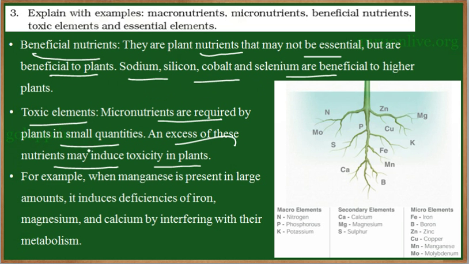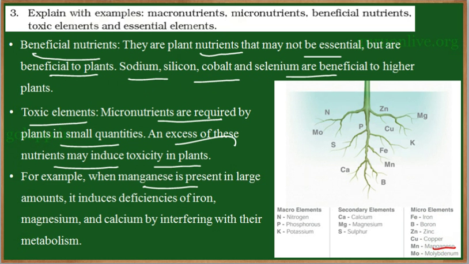They are required in smaller amounts. If the amount increases, if it accumulates more than what is required, these can become toxic. For example, manganese, an example of a micronutrient, is required in small amount.